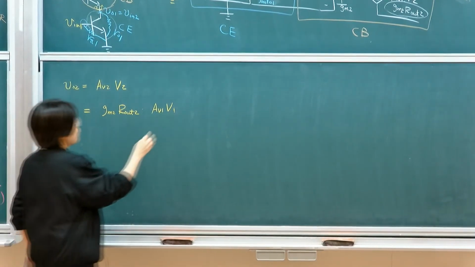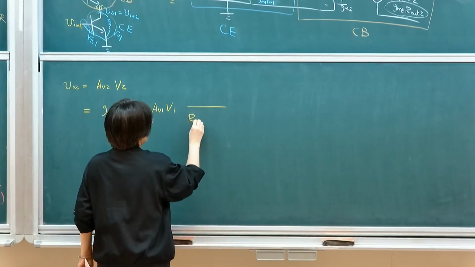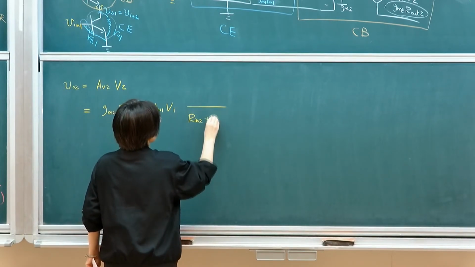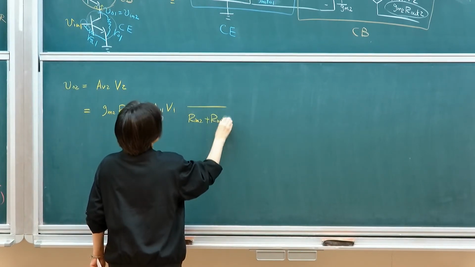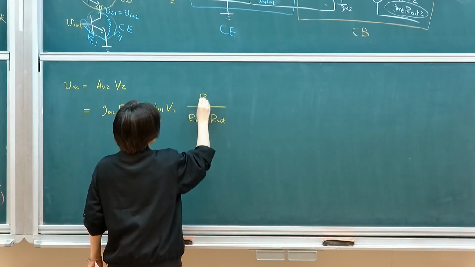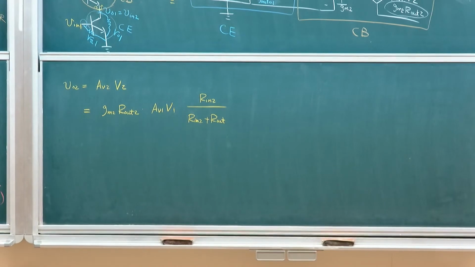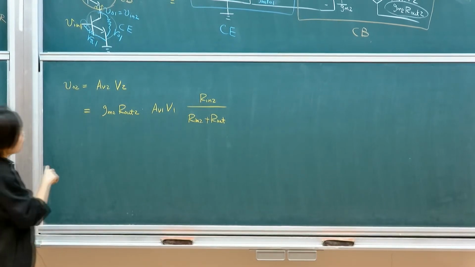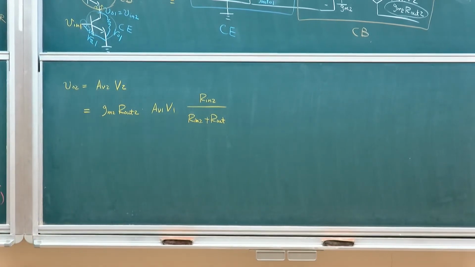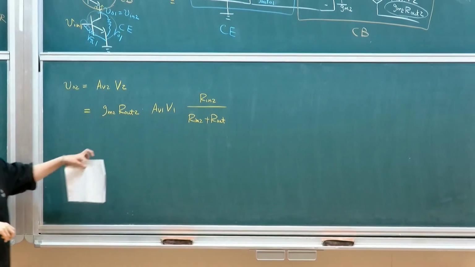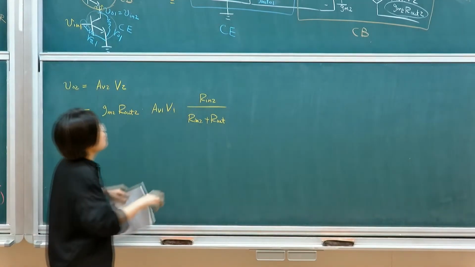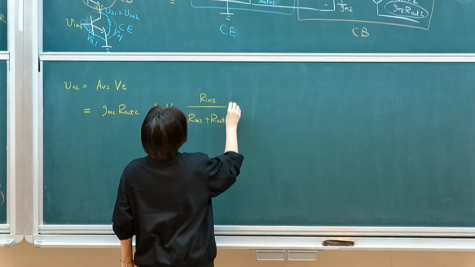It is the voltage divider, so it's R in 2 plus R out, R in 2. Okay? Yeah, R in 2, correct. So you're basically losing the gain from single stage out of this. And then this will be V1.